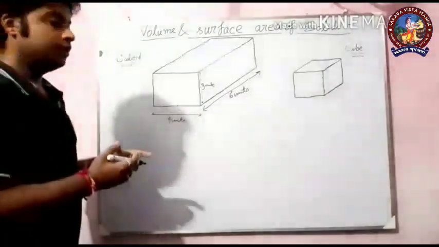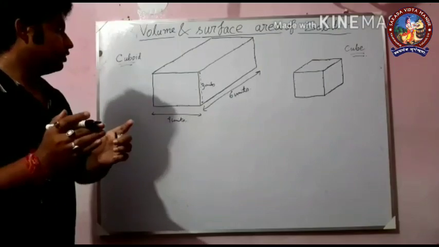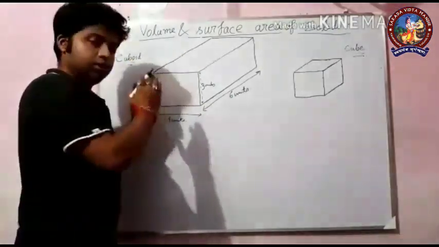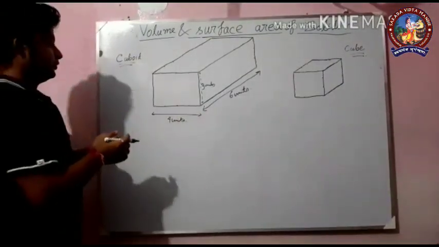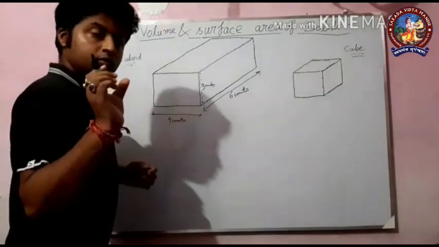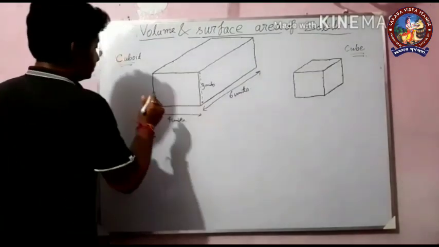Maximum how many cubes of unit length, unit breadth and unit height can be accommodated in this cuboid. Okay. How to find out that? At first I am going to draw the cubes of unit height, length and breadth. Okay. See.